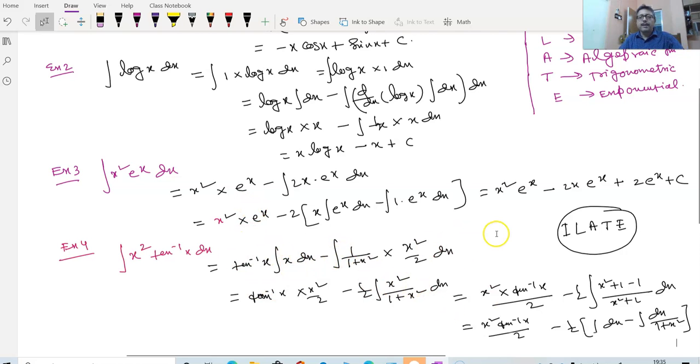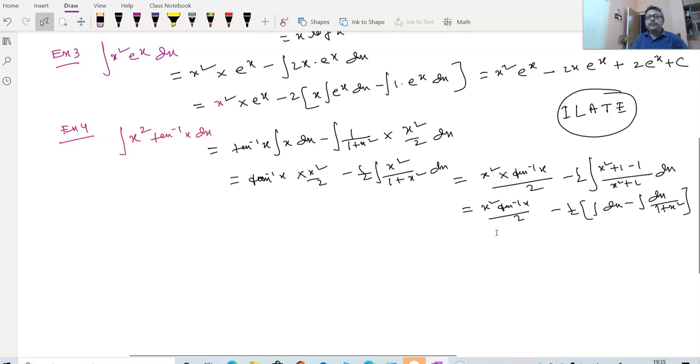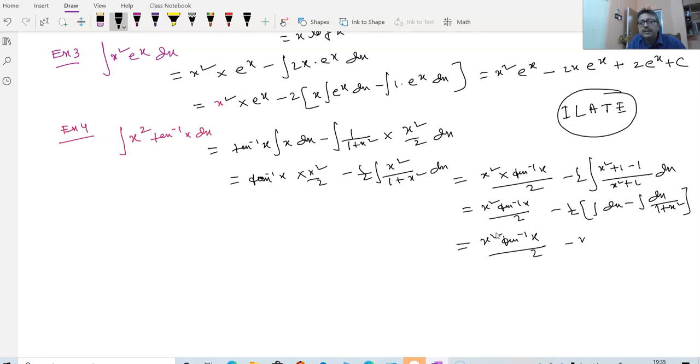Okay. So if we integrate the last term, then the sum is done. Minus x by 2 plus, as a whole only one integration constant will be there. Okay.